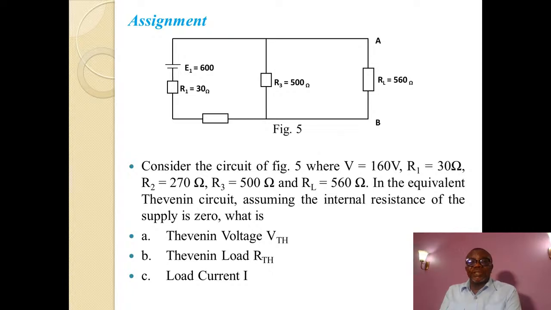In the equivalent Thevenin circuit, assuming the internal resistance of the supply is 0, what will be the Thevenin voltage, the Thevenin resistance RT, and the load current? Please look at this and see if you can solve it. If you cannot, let me know.